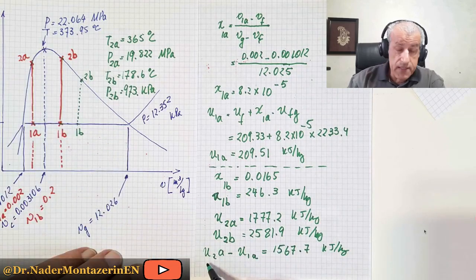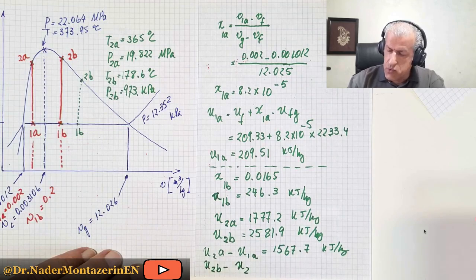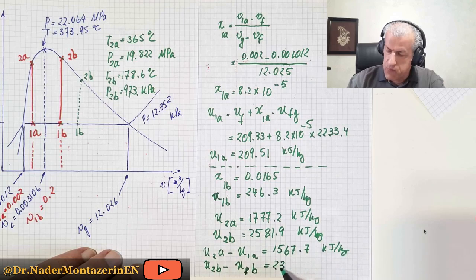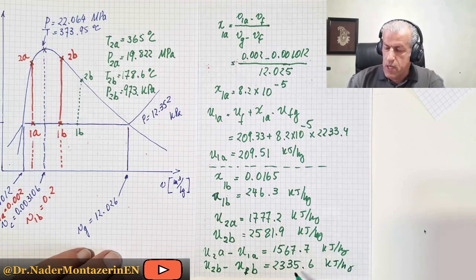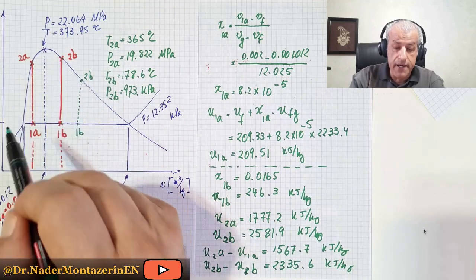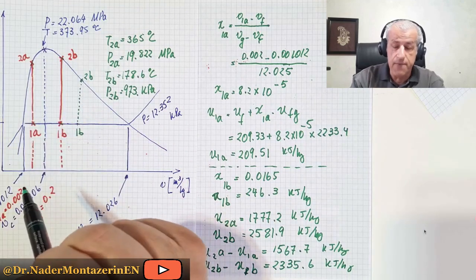And for process B, U2B minus U1B equals 2335.6 kilojoule per kilogram. You see, the change of energy here is higher than the change of energy here.